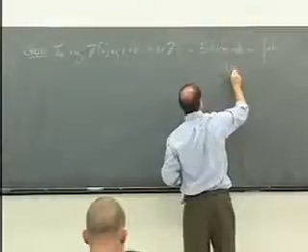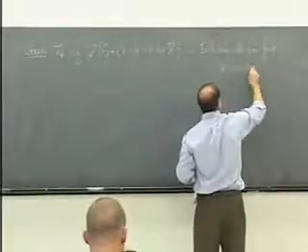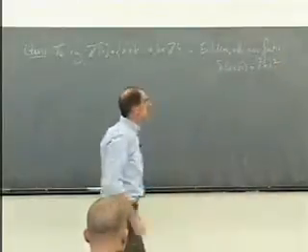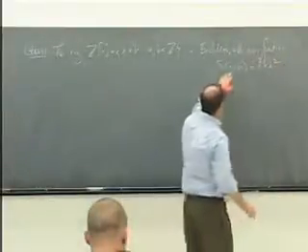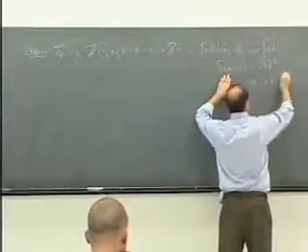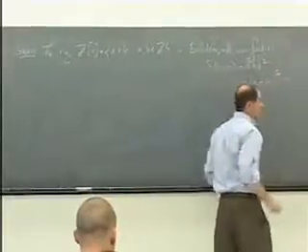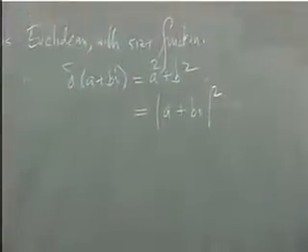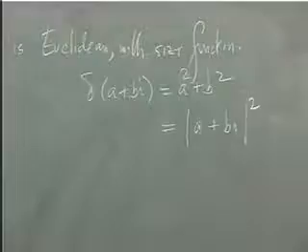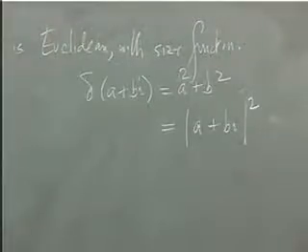Delta of a plus bi is equal to a squared plus b squared. So that's the absolute value of a plus bi, quantity squared. See, this is like an absolute value function, so we might try it for the Gaussian integers. Is that going to work? Okay, so let's see why that's true.